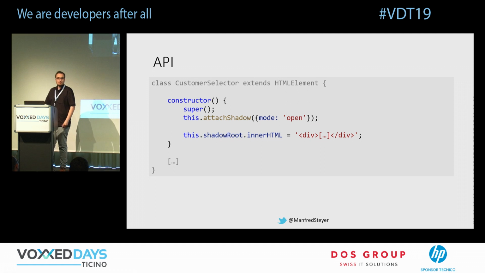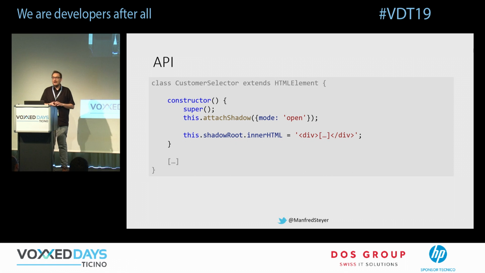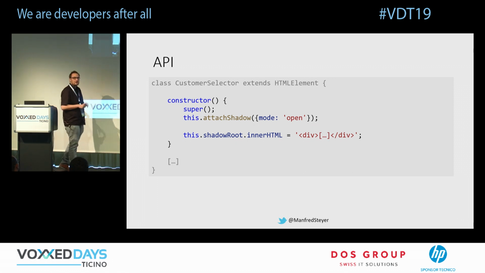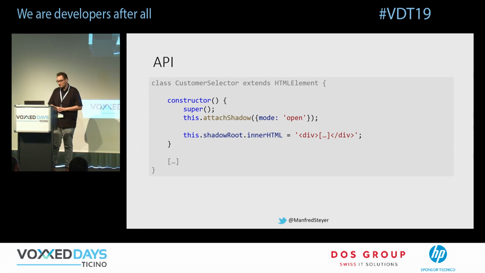You can do this with pure ECMAScript 6 code, which means ECMAScript 2015 and above. And this constructor can attach a shadow DOM. And within this shadow DOM, you can place your own elements like a div with Hello World, because it's such a nice habit. You can even place more meaningful things in there, like a data grid or a date timetable. It just depends upon what you want to provide.